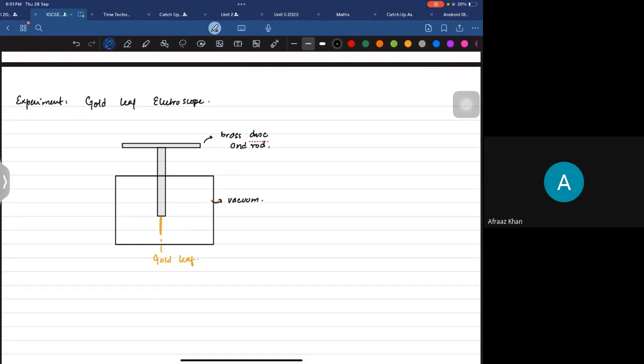Gold leaves. There are two of them. Sometimes they can also use one. Anyway, not a big deal.